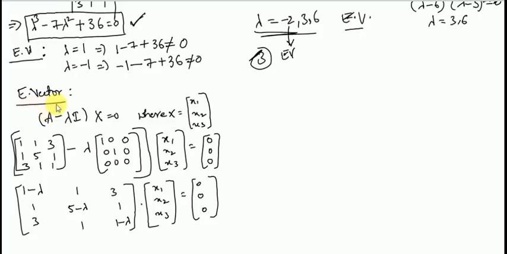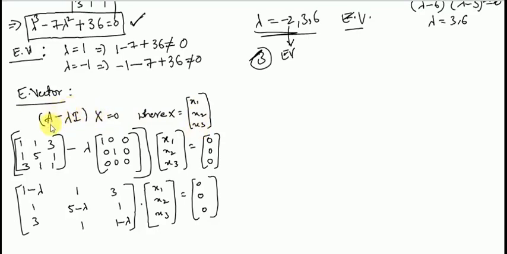To find the eigenvector: (A minus lambda I) times x equals 0, where x is the eigenvector, that is the column of elements x1, x2, x3. This formula is used to find the eigenvector.